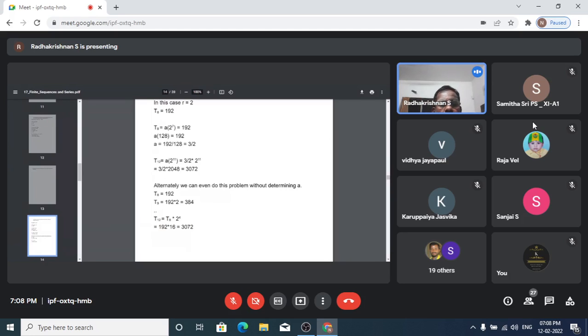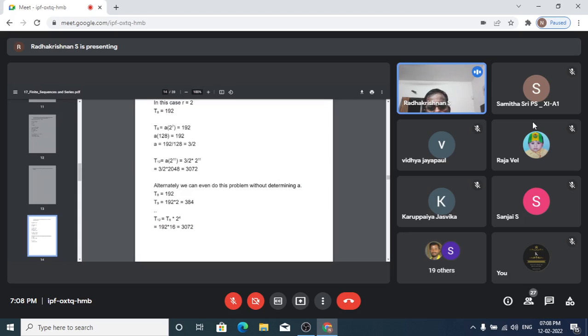So T12 will be A into 2 to the power of 11. Right, so we get the answer as 3072. Yes, sir. Okay. Nice. So நம்ம இப்ப A கண்டுபிடிச்சு போட்டோம் இல்லையா?